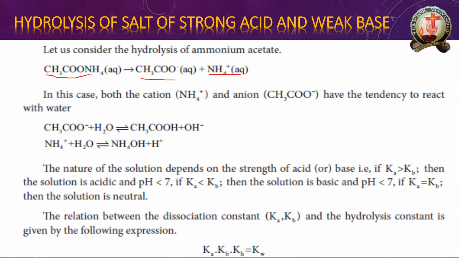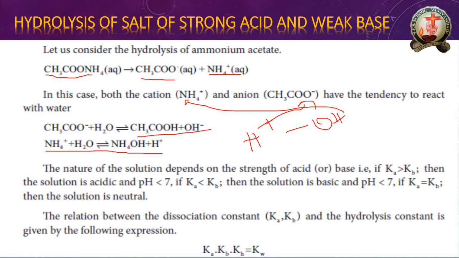In this case, both the cation NH4 plus and the anion CH3COO minus have a tendency to react with water, because water has two polar species, H plus and OH minus. These ions attack here and that ion attacks there. Finally, water gets attacked here. We get acetic acid and OH minus, and ammonia as ammonium hydroxide plus H plus.